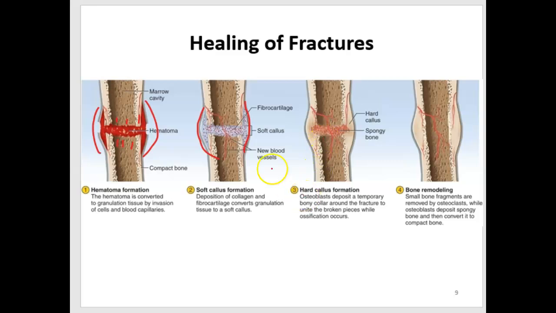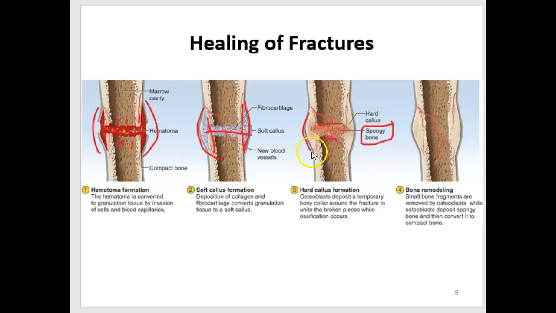And then this callus, which is happening across as well as on the sides, becomes a hard callus. And usually the transverse portion is going to be composed of spongy bone. It's laid down in trabeculae or spicules.